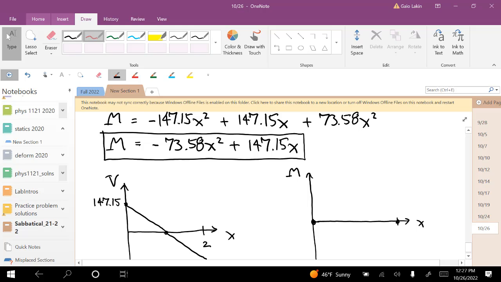I won't tell you how I know that. Can someone plug in x equals 1? Oh, that's easy to do, isn't it? That is positive 73.58 at the midpoint. And so this is going to be a parabola, yikes, like that.